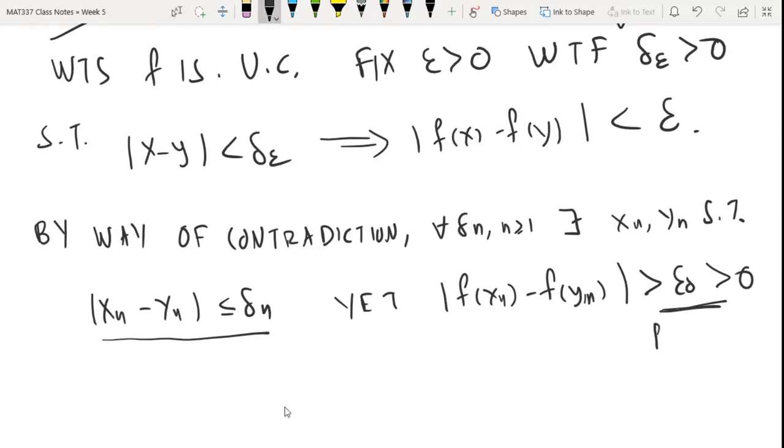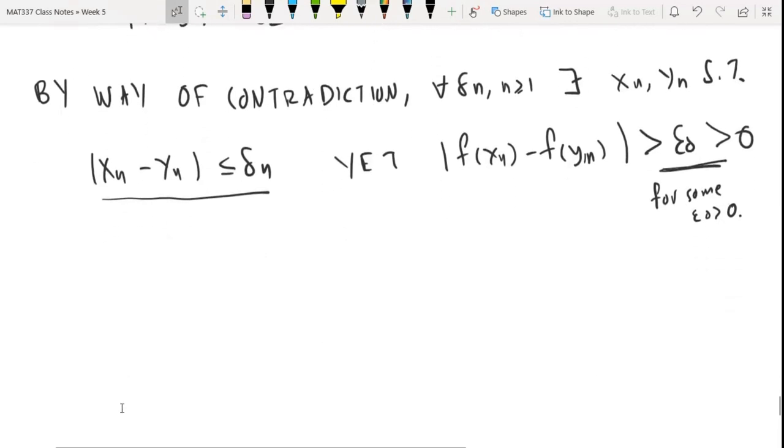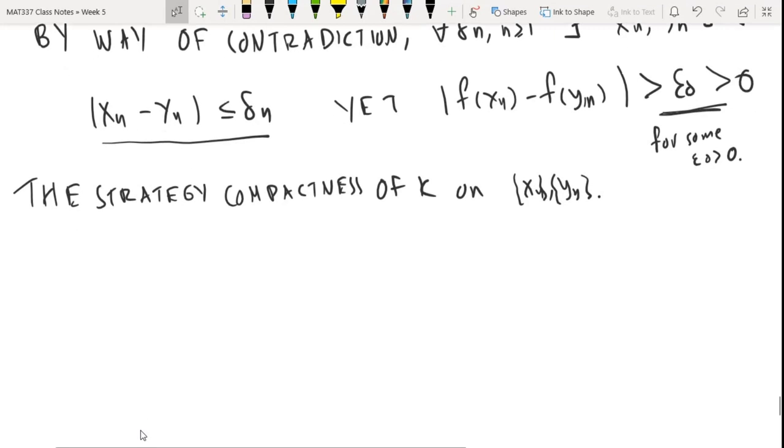There's a little buffer for some epsilon. The strategy is to use compactness of K on x_n and y_n to get a contradiction.